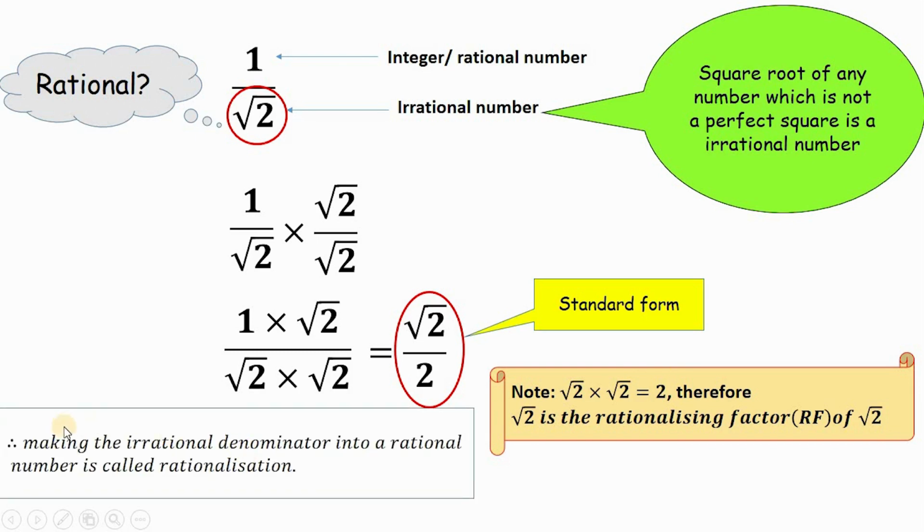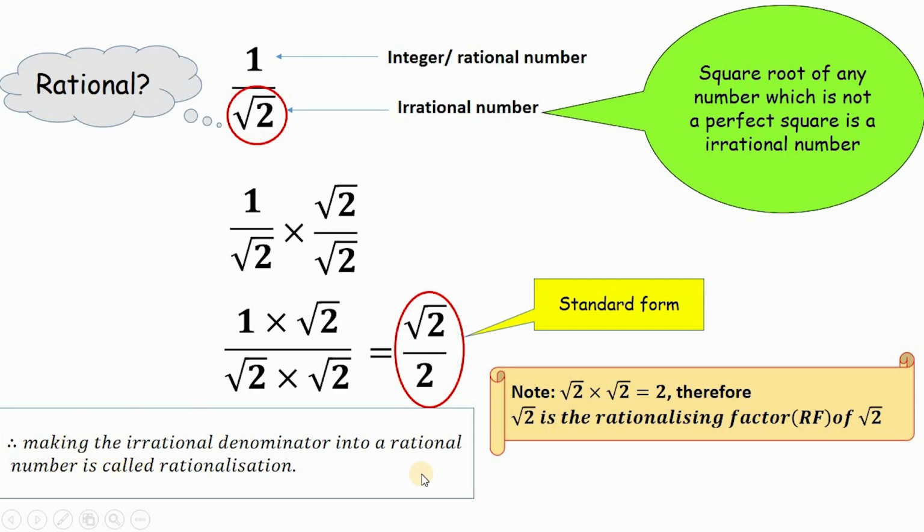So we'll write here: making the irrational denominator into a rational number is called rationalization of the denominator. Here what we did is we made the denominator, square root of 2, into a rational number, that is 2. And these two numbers are equivalent, or we can say the same. So this is called rationalization.